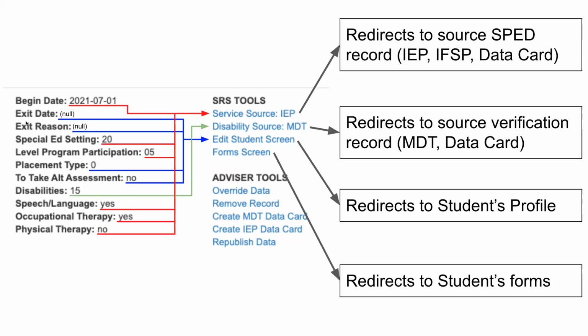And then if the student has exited from special education, their exit date and exit reason would come from their profile page, in addition to their placement type and whether they take alternate assessment. And if you ever need to reference any of this within each EdFi record, there should be these links that will take you to the source documents that this data is coming from.